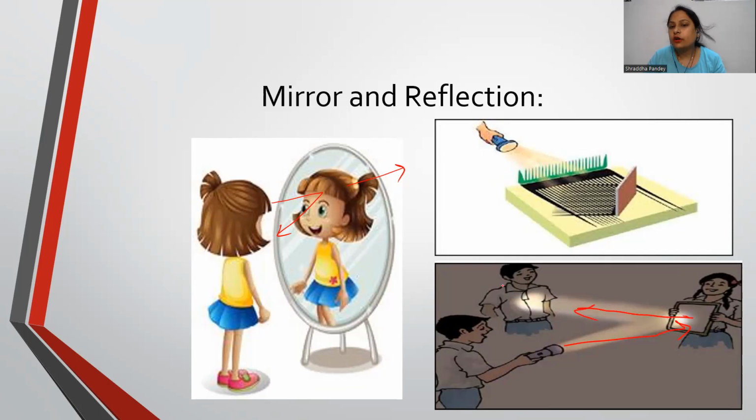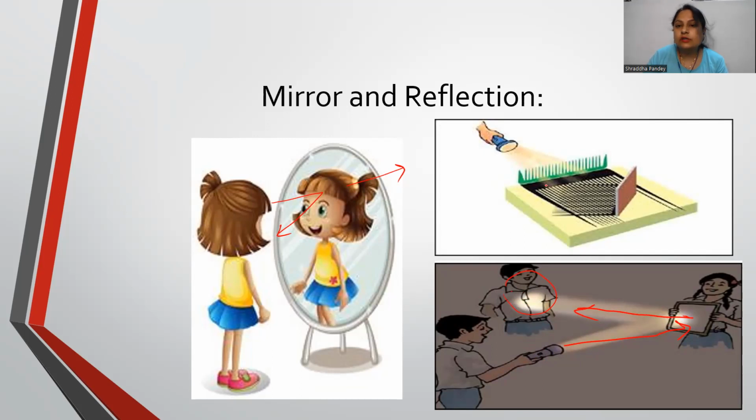It falls on your other friend who is standing in another corner. So in three corners, three friends stand and you do this activity. You will be able to know how the reflection of light takes place.